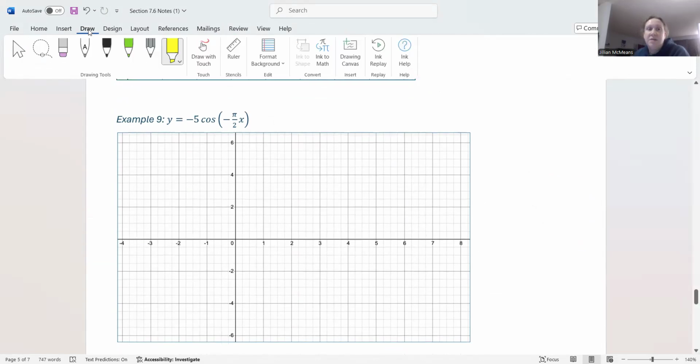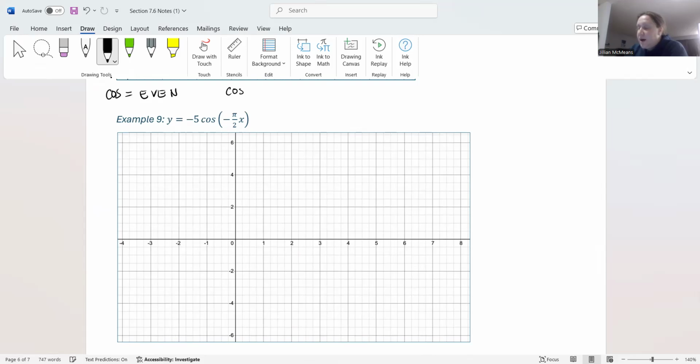What we need to consider is the even or oddness of these functions. And what we learned in the previous section is that cosine is even. So since cosine is even, that tells me that cosine of negative theta equals cosine of theta. So we can basically pull that negative out front and it just disappears.